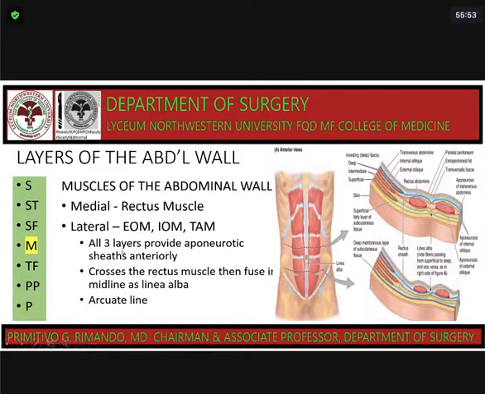So all three layers provide aponeurotic sheaths anteriorly to your rectus muscles. But this is one of the important things that you have to remember.